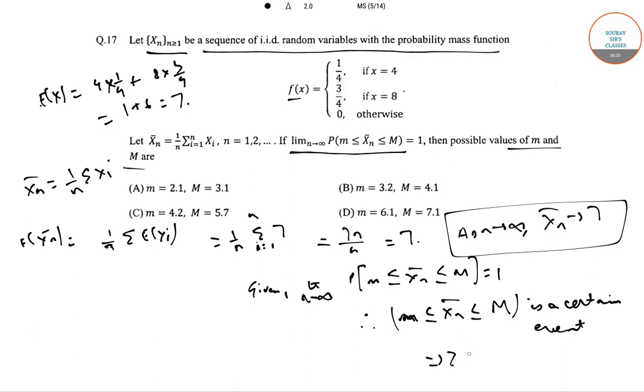So 7 must belong to the closed interval small m comma capital M. Now looking at the options, 7 is only possible in the interval given by option D. So option D is the correct answer.